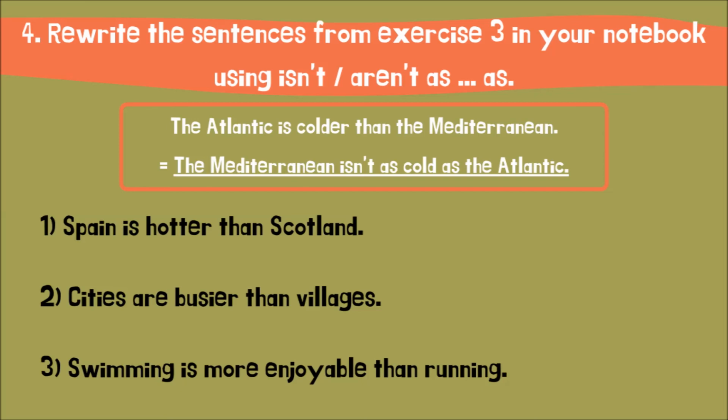Kamu kena tengok mana satu yang lebih sejuk, mana satu yang tidak sejuk. Kalau nak katakan Mediterranean tak sejuk kan, kamu tukar, letakkan dia dekat depan. The Mediterranean isn't as cold as the Atlantic. Maksudnya apa? Mediterranean tidaklah sesejuk seperti Atlantic.